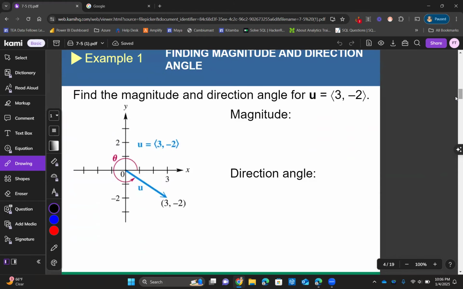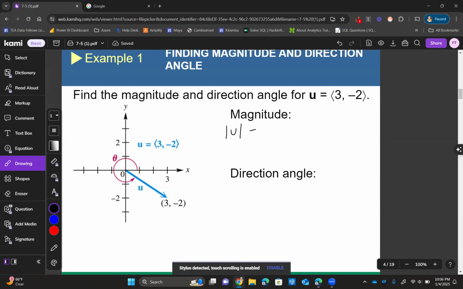Here's our first example, and you guys have a lot of questions under this objective when you start doing your 7.5 MyMathLab homework. So the question says, find the magnitude and direction for this vector u that they showed me on the graph, and it's located at (3, -2). First of all, magnitude will be expressed in between these absolute value bars.